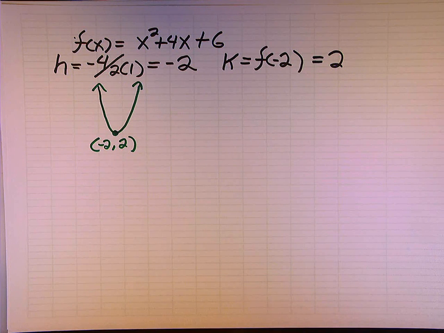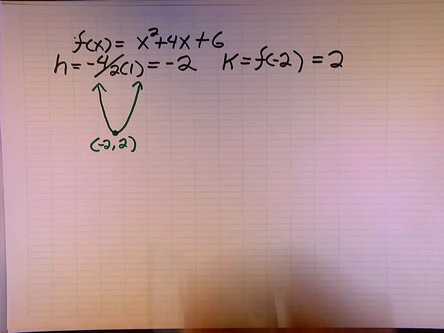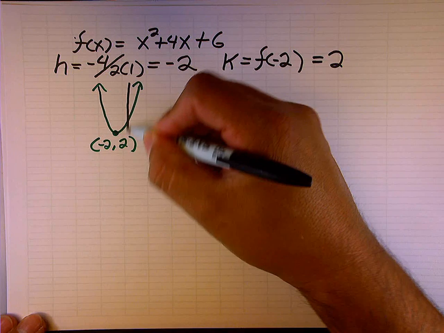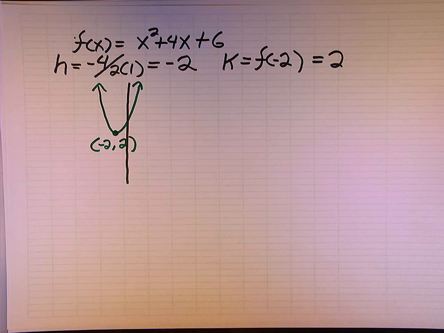The negative 2 in the x value tells me this point is 2 units to the left of the y-axis. So I'm going to write the y-axis on the right about 2 units. So far, so good?